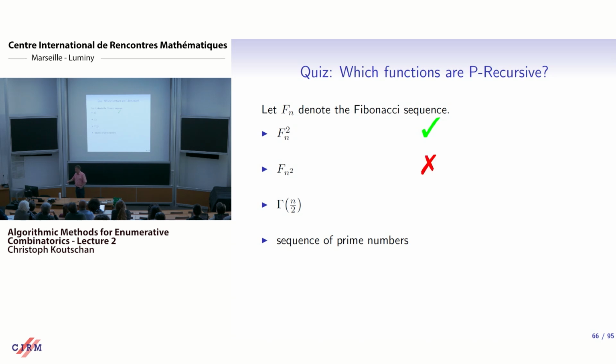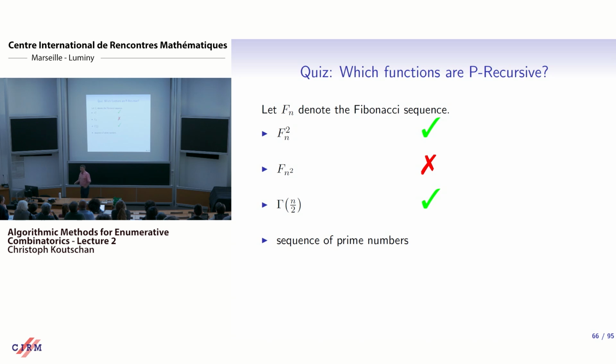Nobody, you are absolutely right. Who thinks that the gamma function evaluated at n over 2 is p-recursive? Half. Yes, half are right and half are wrong. It's p-recursive, and the recurrence has to jump in steps of 2.